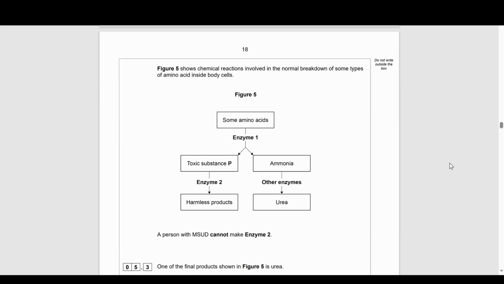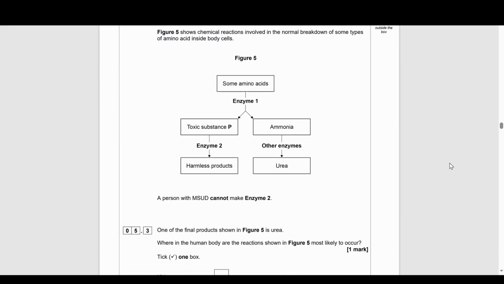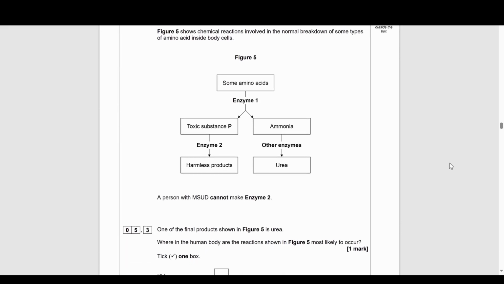Figure 5 shows chemical reactions involved in the normal breakdown of some types of amino acid inside body cells. Okay, so we have some amino acid, it says in this box. And then when enzyme 1 is present, two things can happen. We can have toxic substance P, which then is acted on by enzyme 2, which gives us harmless products.